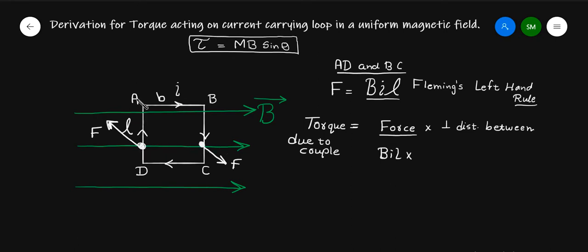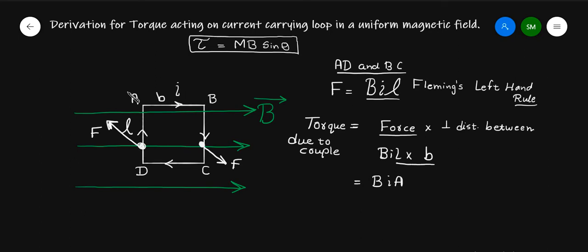These forces are acting on the AD side and the BC side, and in fact these forces are perpendicular to the AD side and BC side. So the distance between these two forces can be considered as small b. And this L into b, length into breadth, becomes area, so BIA.